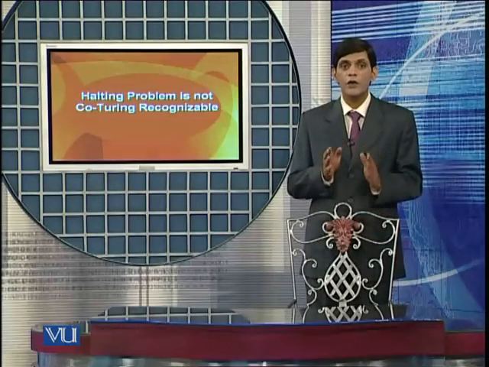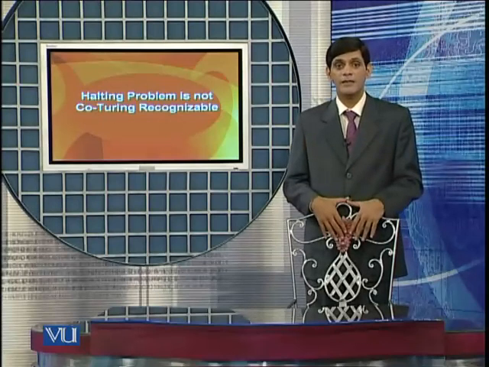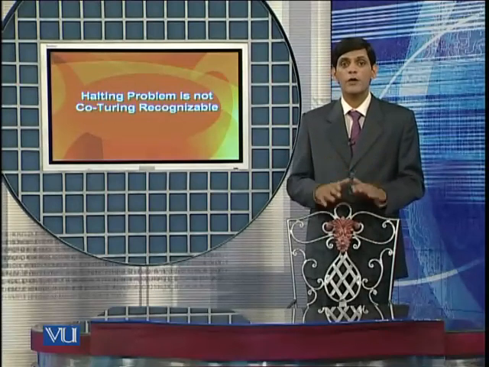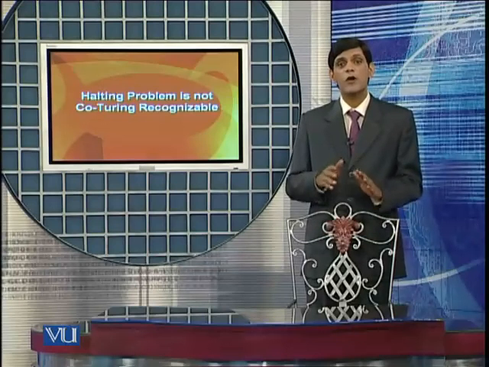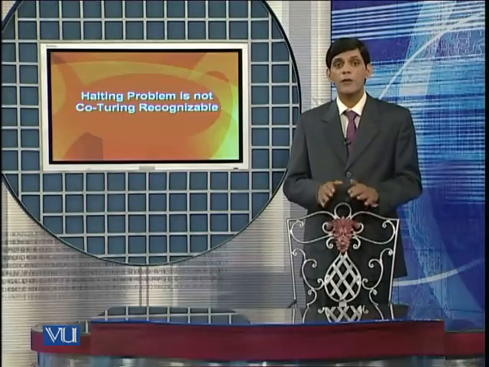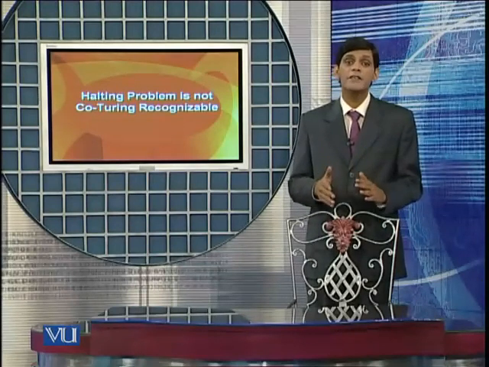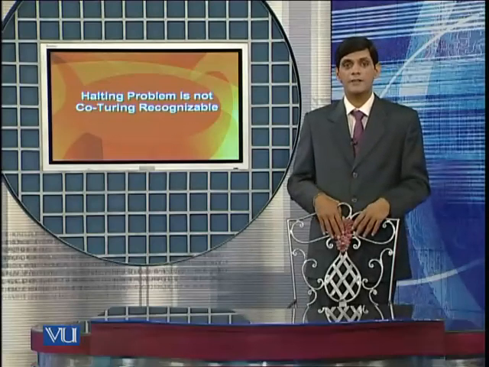However, we already know that the halting problem itself is Turing recognizable. This means that the only possibility is that its complement is not Turing recognizable. So, from this theorem, we can conclude that the complement of the halting problem is not Turing recognizable.